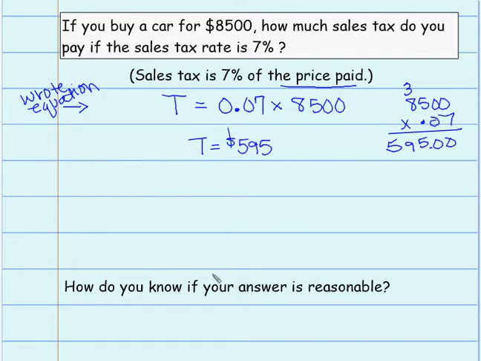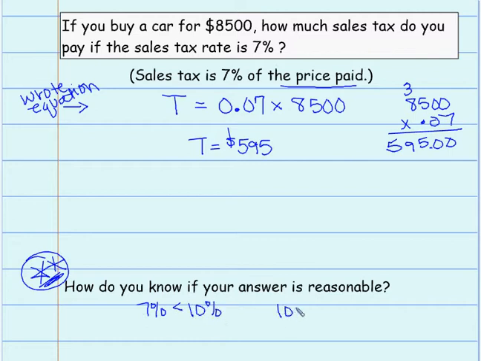Okay, now how do you know if your answer is reasonable? Okay, this is a very important question. You should be asking yourself this every time you do any problem. Does that make sense? So, 7%, okay, so here's what I would do in my head. 7% is less than 10%.